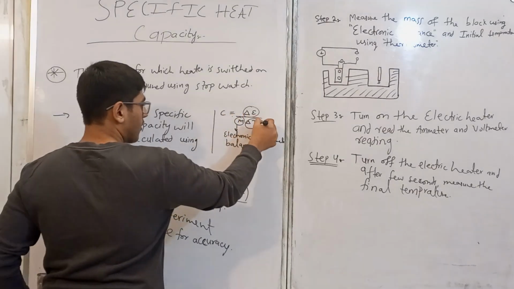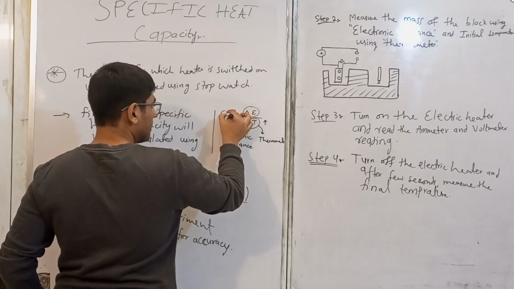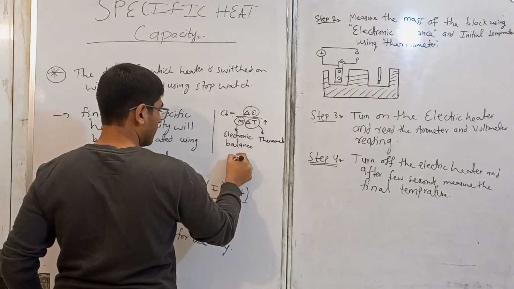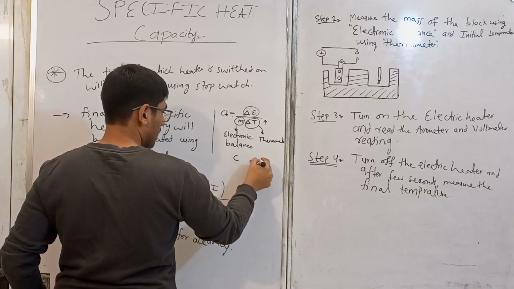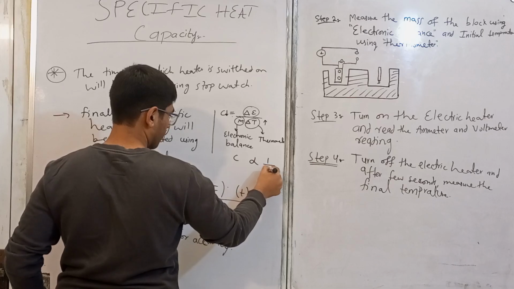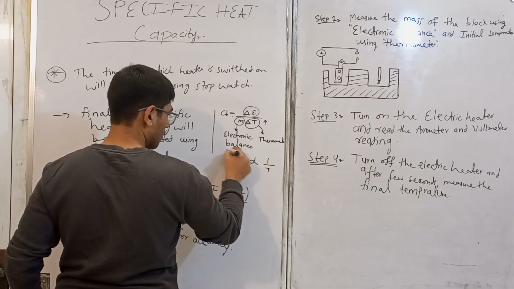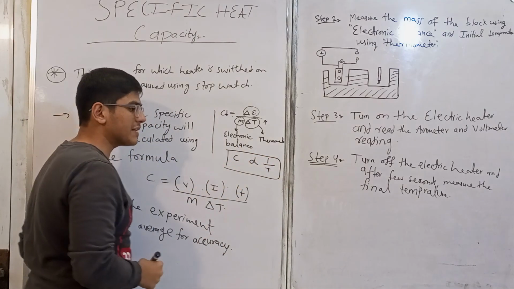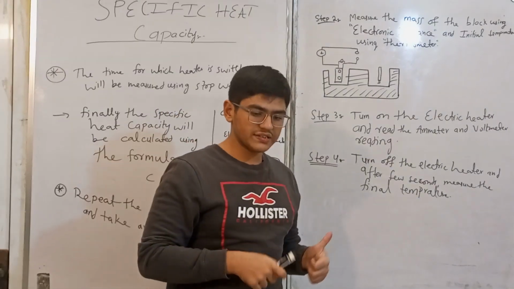Because if you focus on this formula, temperature change and specific heat capacity are inversely proportional. So our value of specific heat capacity will be overstated.